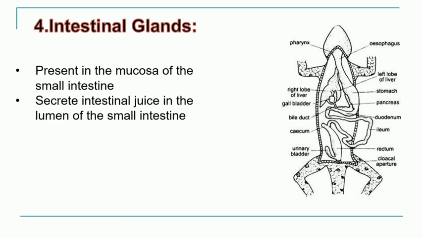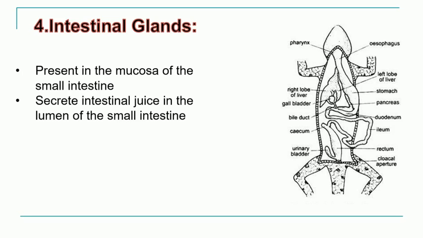So the basic function of intestinal gland is nothing but to secrete the intestinal juice, which aids in the process of digestion. So this is all about the four important digestive glands which are present in the Calotes versicolor.